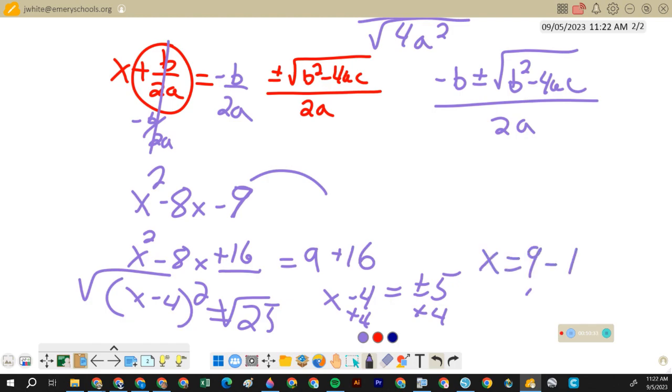Right? Now, I can do that for every single quadratic and get an answer.